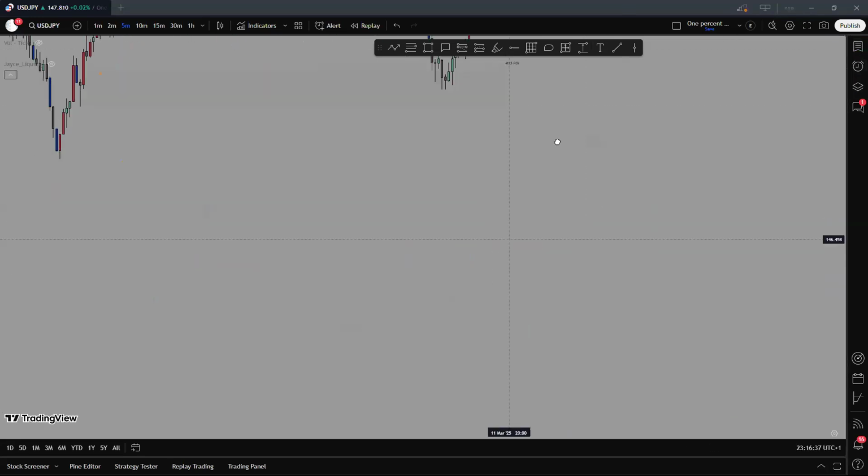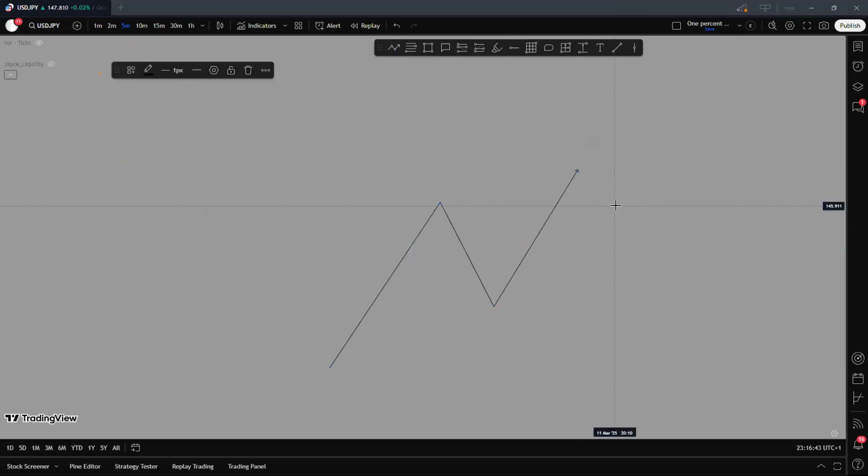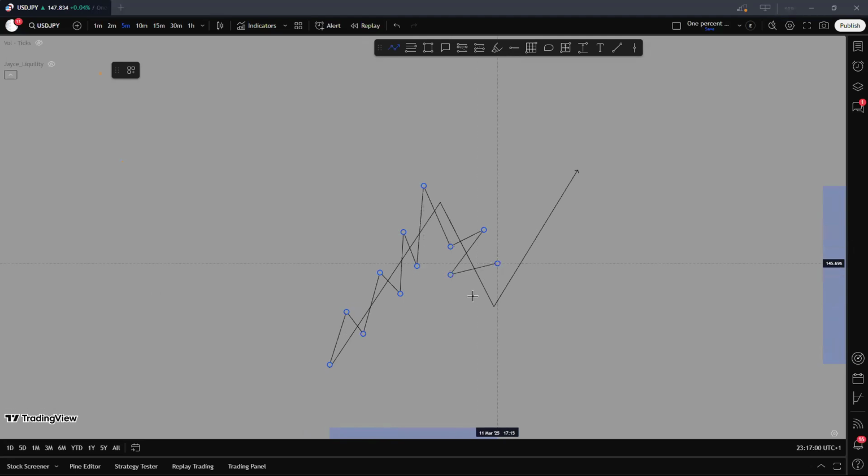Now, 1 hour can be an uptrend like this. This 1 hour uptrend, marking it with black. 15 minutes will be like this. For the 1 hour time frame, you will just see that it's a straight uptrend. For 15 minutes, it would have changed trend to downtrend here and changed back to uptrend here.